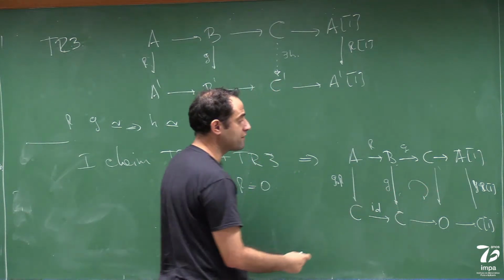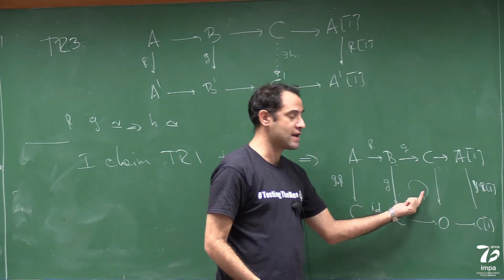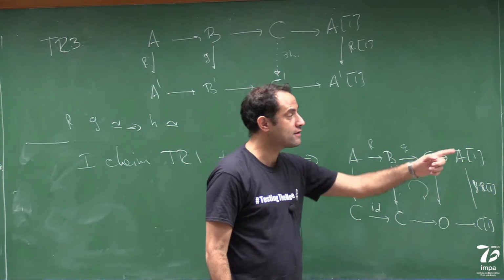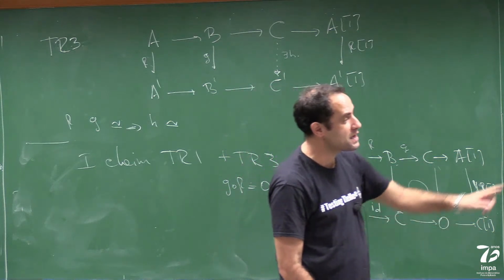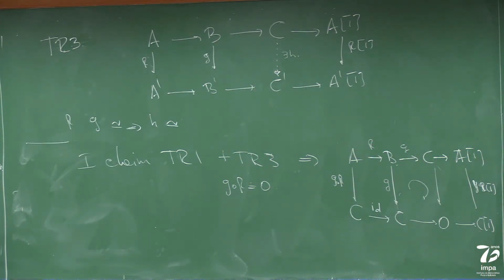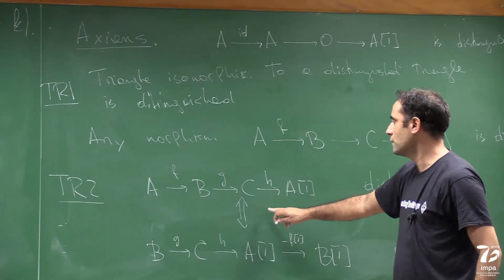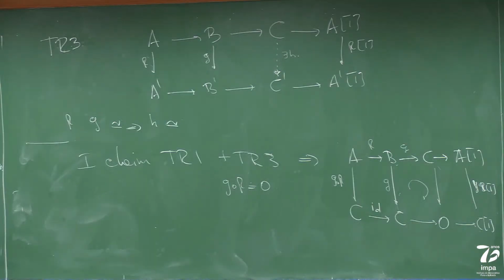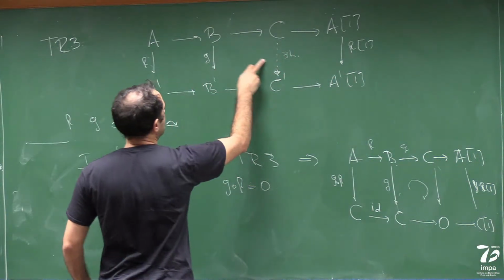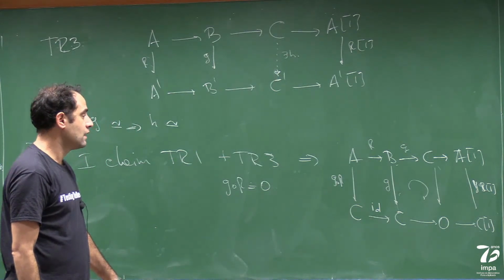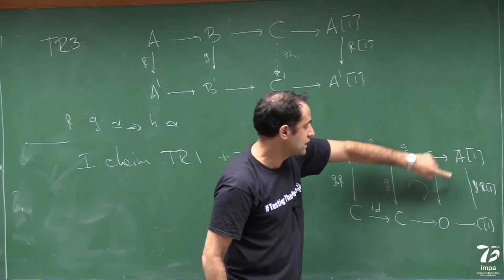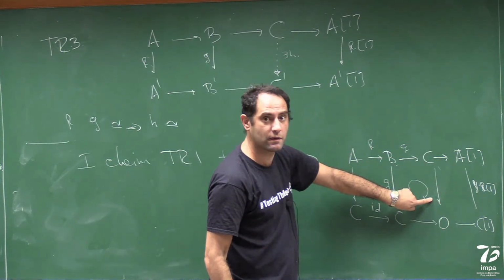So let's shift everything by 1. If you have that 3 of these guys commute, then the next one has to commute. This is again TR3, because there was a unique map in this row, but then you can just shift using TR2. I don't remember needing to use TR2, but TR3 says that if this and this and this commute, then this guy exists and is unique. But now we have these 3, so just circle around with TR2 so that this guy here comes here.